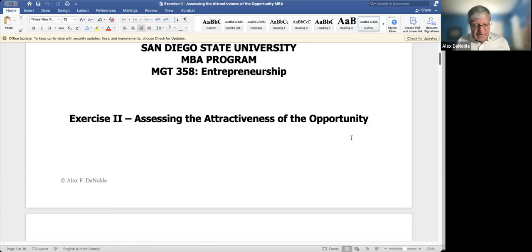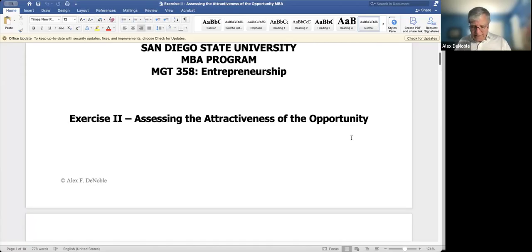Our topic will be, we're going to switch from talking about problems worth solving and characterizing your opportunity to now getting into business model design. I suggest that you read through the business model design material.